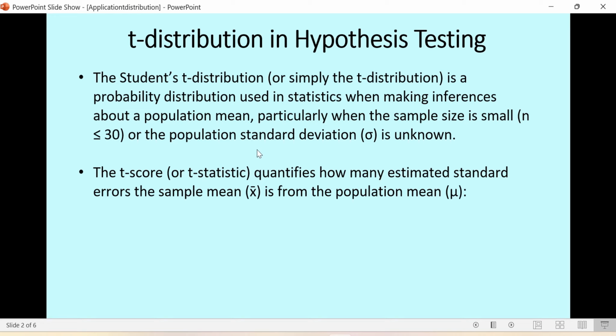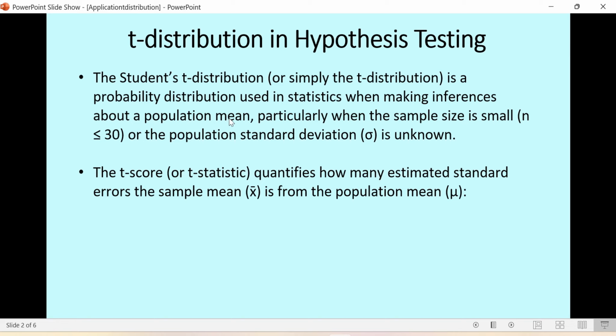We use the t-distribution when the sample is small, usually no more than 30, and both the t and normal distributions are often used for hypothesis testing for the population mean.